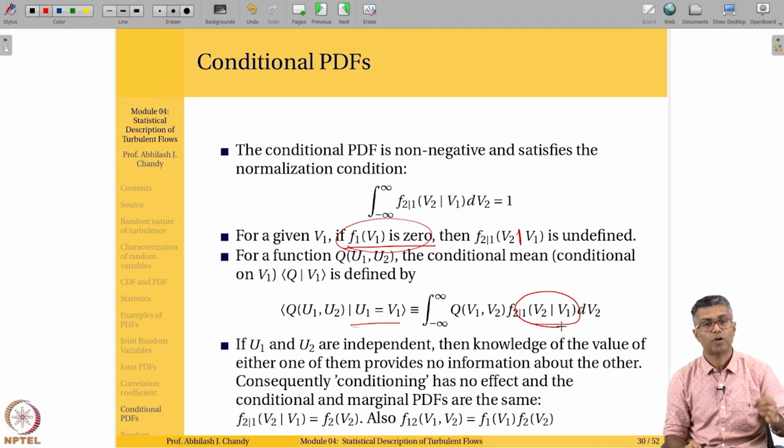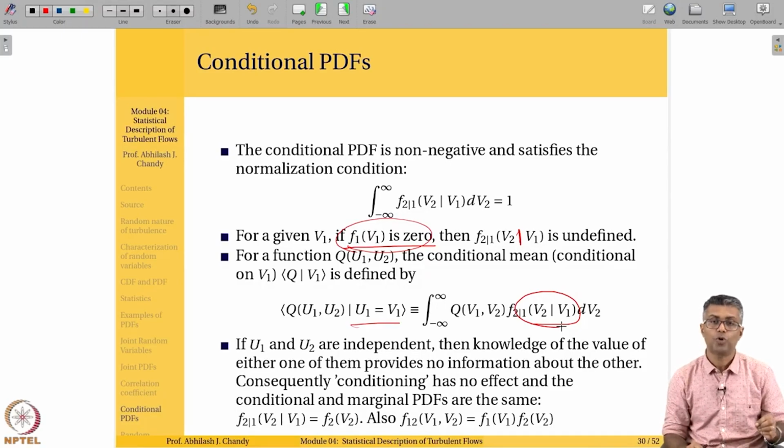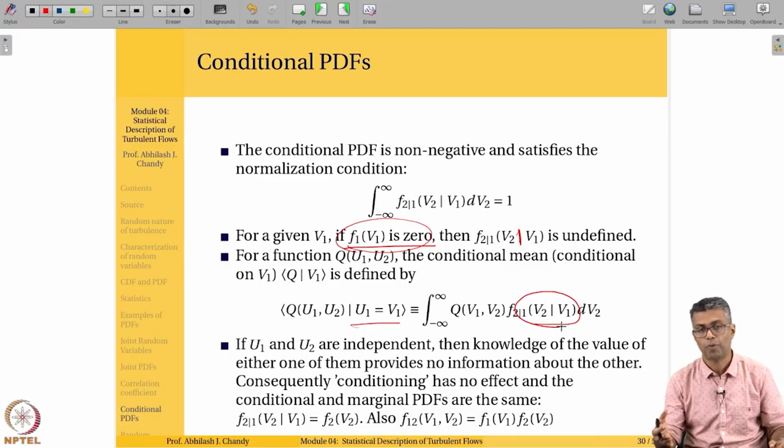So you want to find out, say, the temperature on the flame, in which case you would find out the conditional PDF of the temperature conditioned on the fact that the mixture fraction is a particular value, say 0.5, say 0.4 or 0.6, depending on how the stoichiometry of the reaction is. So that's an example, an application of conditional PDF.